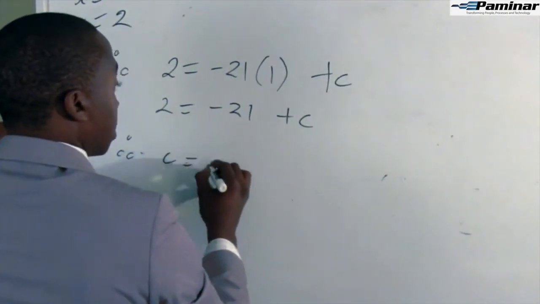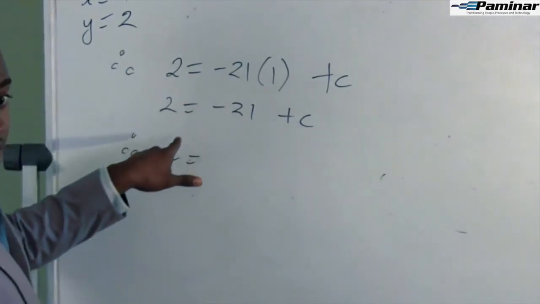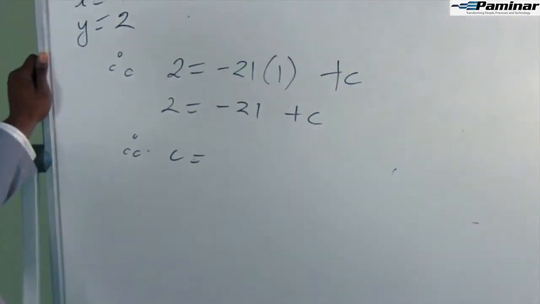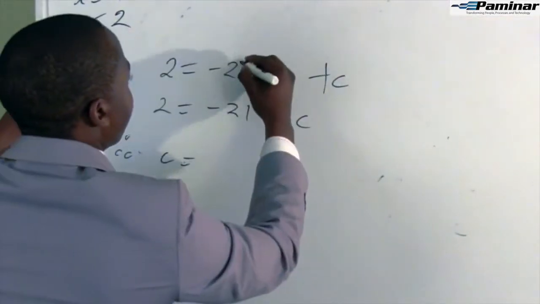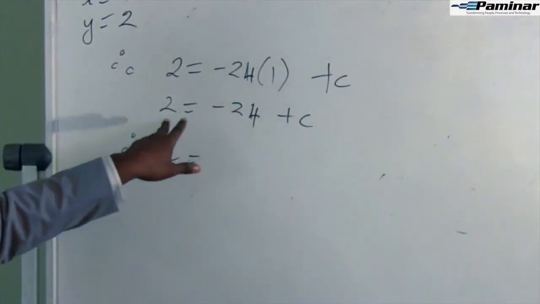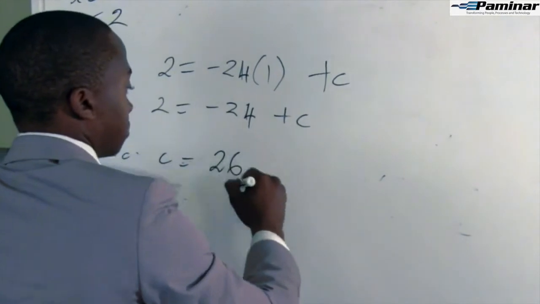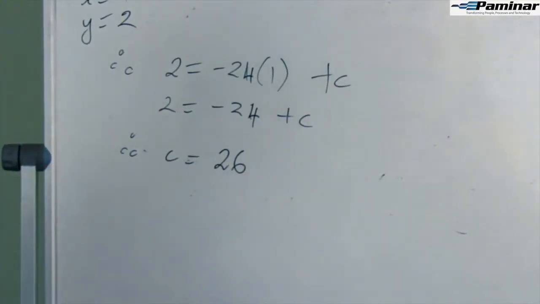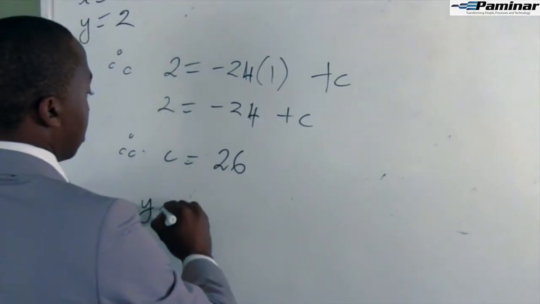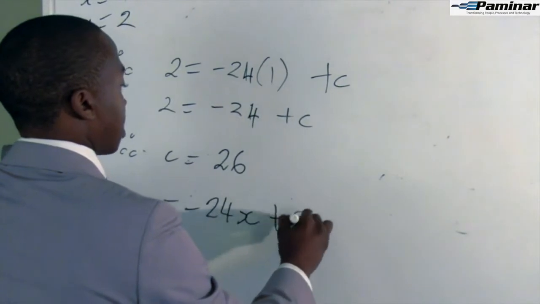Therefore, c should equal 24 plus 2. It should be 26. So now c is equal to 26, therefore eventually y should equal minus 24x plus 26.